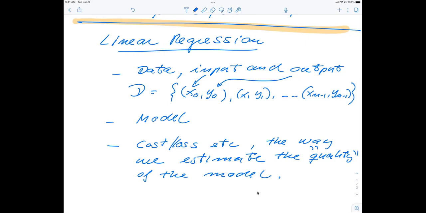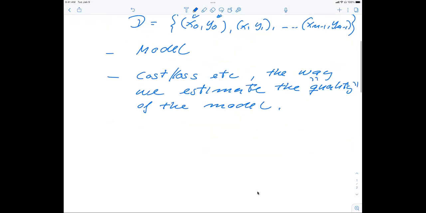Now, there are some assumptions in linear regression which we need to define. In a certain sense, you could say that this is a kind of model itself. We are assuming that this y, this output which we have, and you can think of this as a vector for the y zeros and so on, has a dependency on x, which is given by a function f of x.